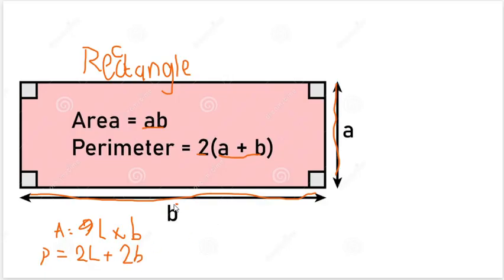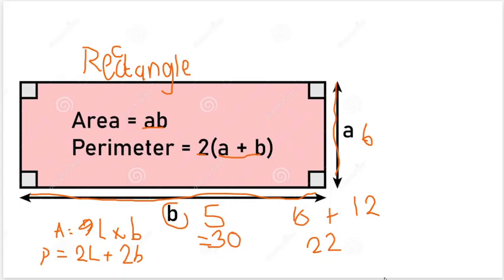So if this length here was, let's say, 5, and this breadth is 6, the area will be 5 times 6, which gives us 30. For 2 length plus 2 breadth, we take 2 times 5, which gives 10, plus 2 times 6, which gives 12. So our perimeter is 22.